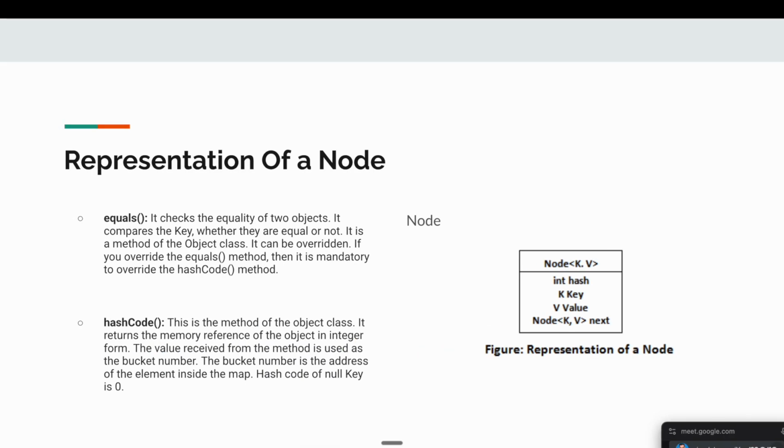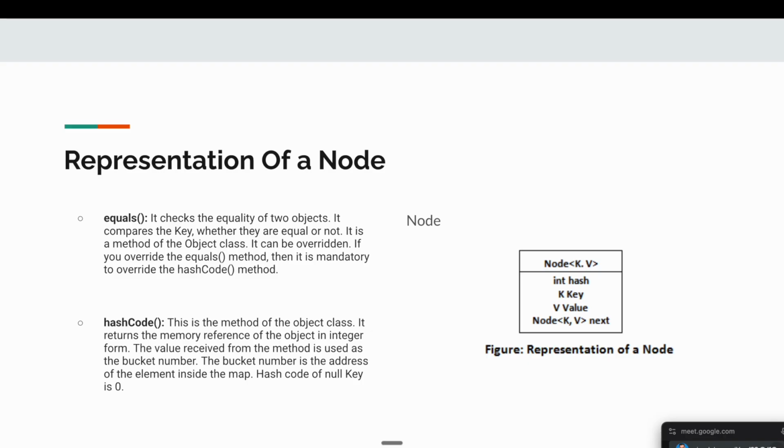Before we discuss in detail, I would like to cover the equals method and hashcode method. You know that equals methods are used to check the equality of objects, and it compares based on the keys, because hash map works on these two methods.